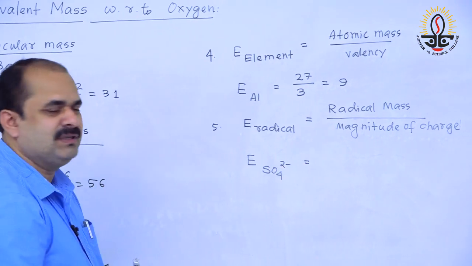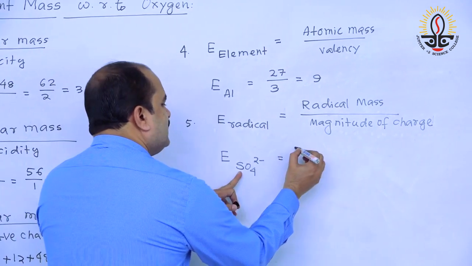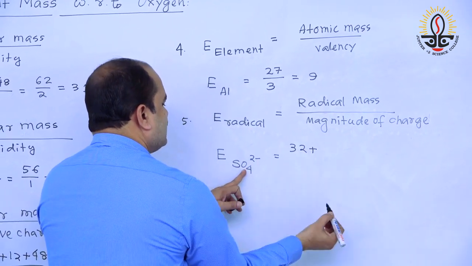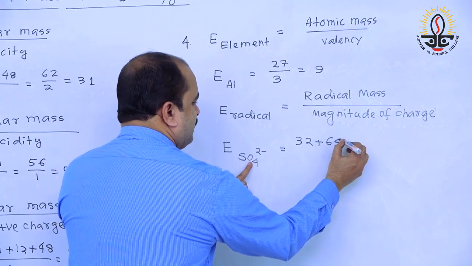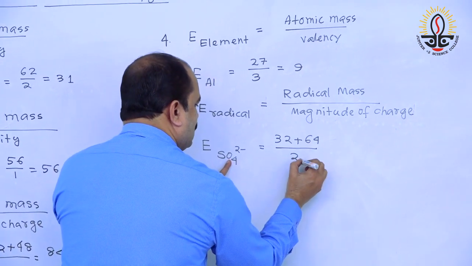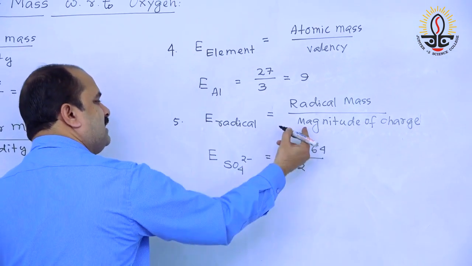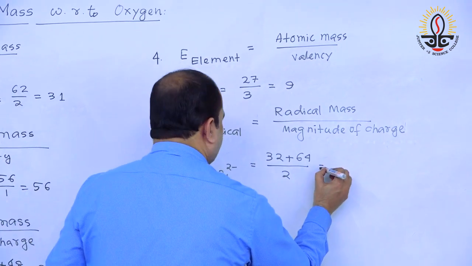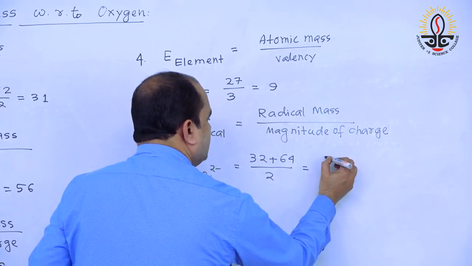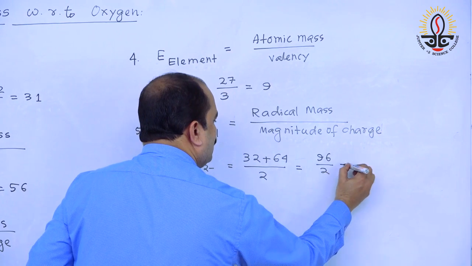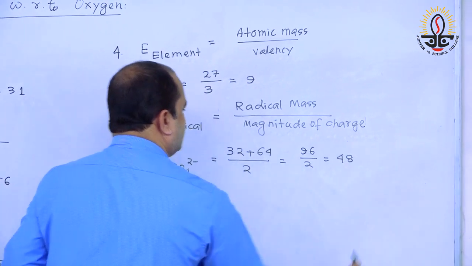We have to find out the radical mass: sulfur is 32 plus oxygen O4 is 64. Magnitude of charge is 2, since it is 2 minus. So the equivalent mass of sulfate ion is 96 by 2, which is 48.